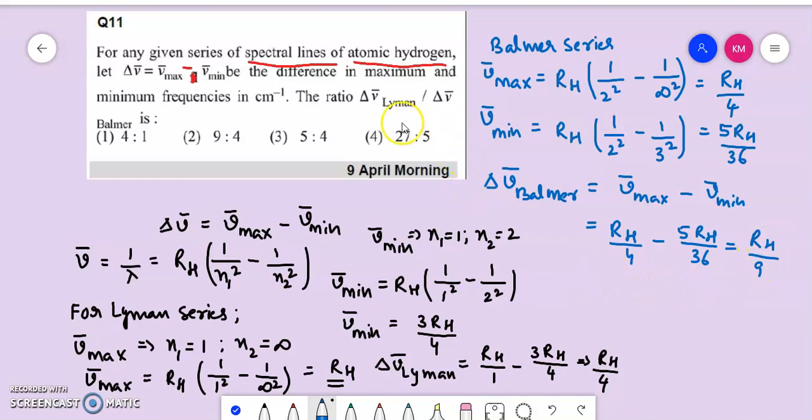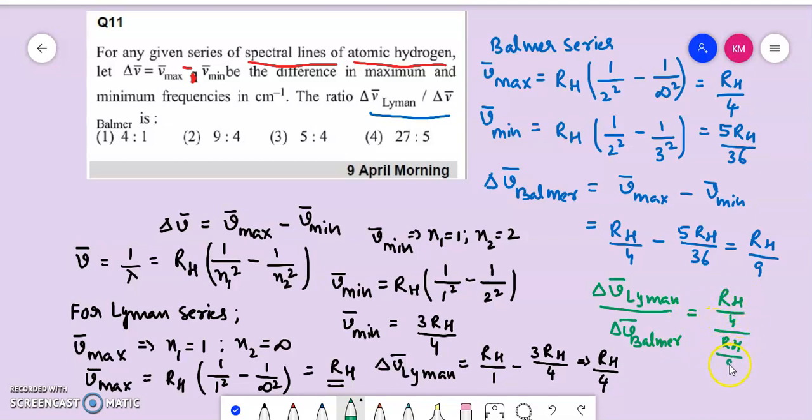But what you have to calculate is the ratio. The ratio can be given as delta nu bar Lyman upon delta nu bar Balmer series, which is equal to RH by 4 upon RH by 9.